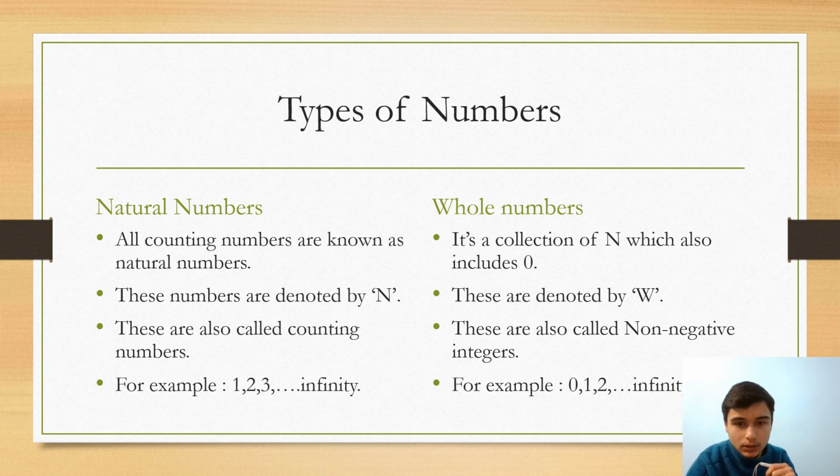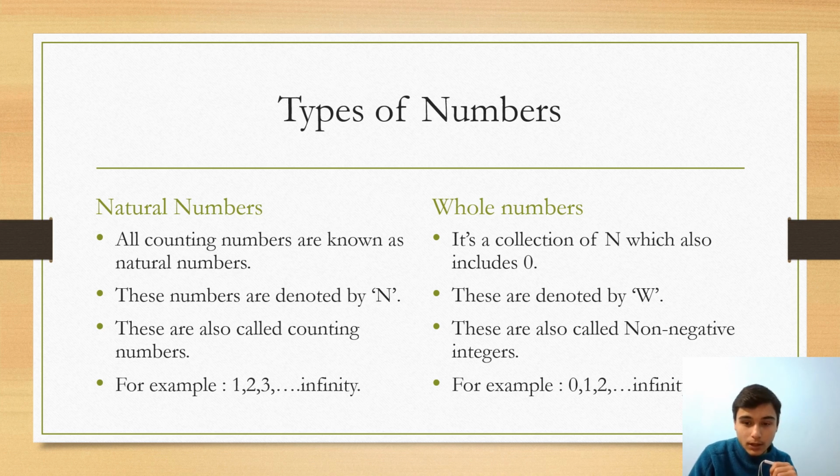Now understand whole numbers. Whole numbers are a collection of natural numbers, capital N, which also includes 0. So basically, natural numbers start from 1 to infinity and whole numbers start from 0 to infinity. These are denoted by capital W. We can also call them non-negative integers. Now, what are non-negative integers?